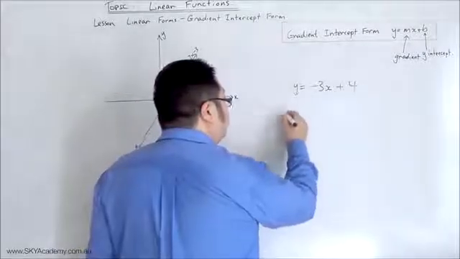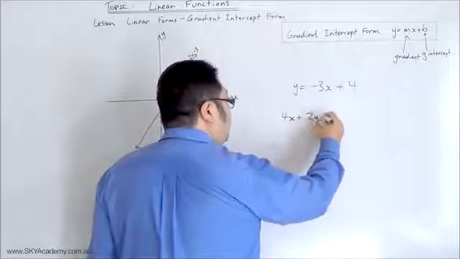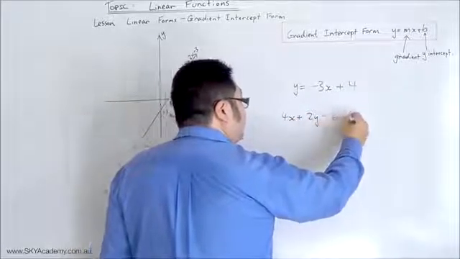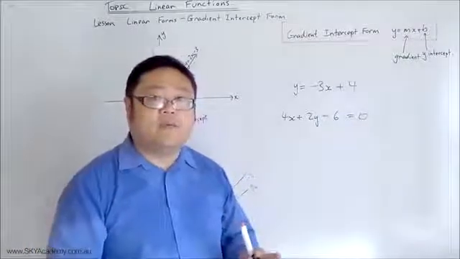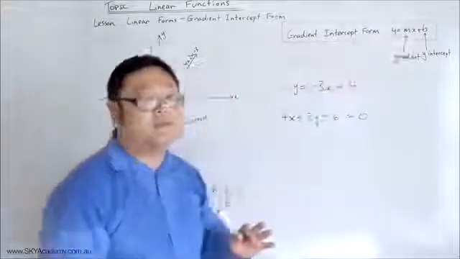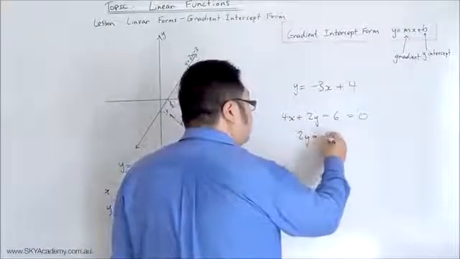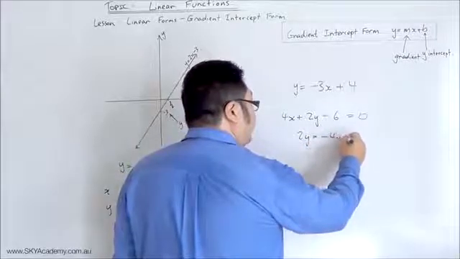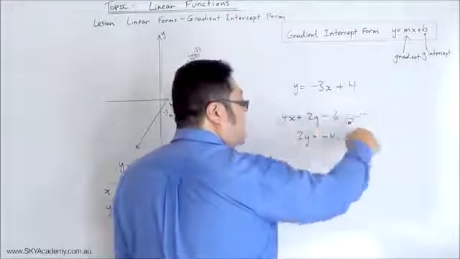For example, if you had 4x plus 2y minus 6 equals 0, you could easily put that in gradient intercept form. The way you do that is you make y the subject of the formula. So 2y is equal to minus 4x plus 6, and we did that by bringing the 4x over to the other side and the minus 6 over to the other side.